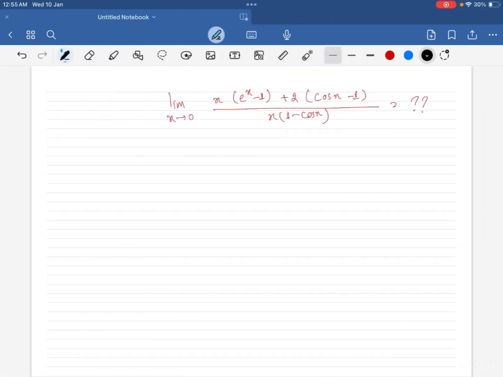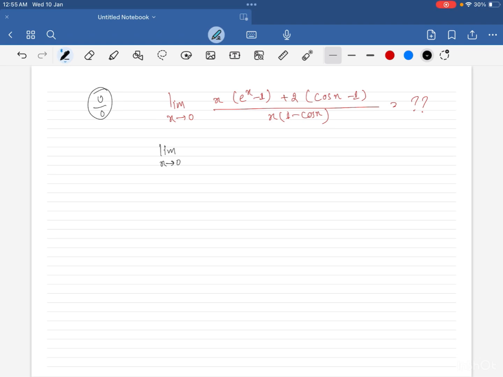Okay, so let's look at this question. If you put limit 0, this will be 0 by 0 form. We can apply the L'Hopital rule, so differentiate numerator and denominator.